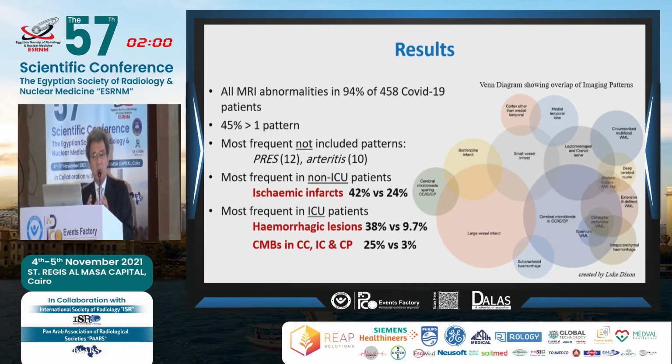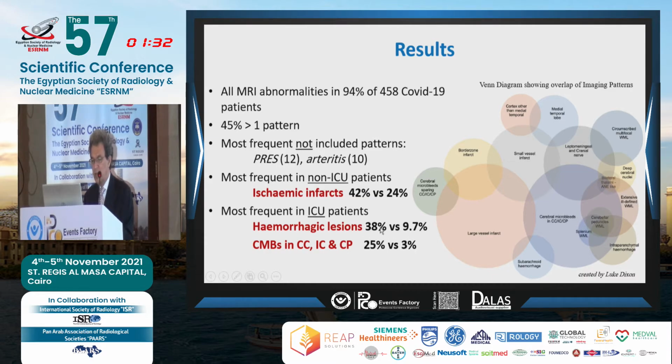But there also were patterns that we hadn't identified, and that includes arteritis, so kind of vasculitis, and posterior reversible encephalopathy syndrome, PRES. Non-ICU patients had more ischemic infarcts than ICU patients, and that was significant. ICU patients had more hemorrhagic lesions, quite more.